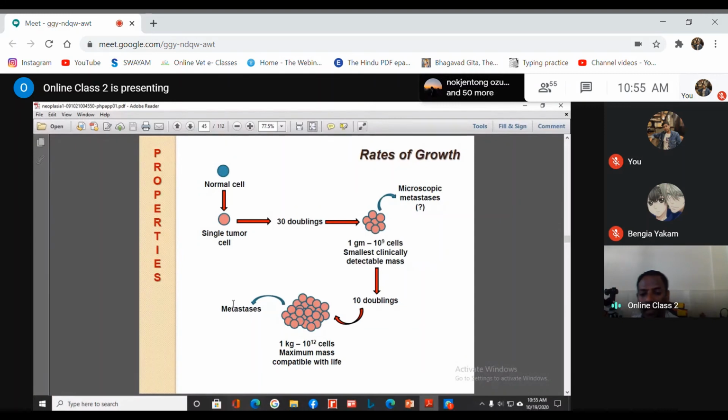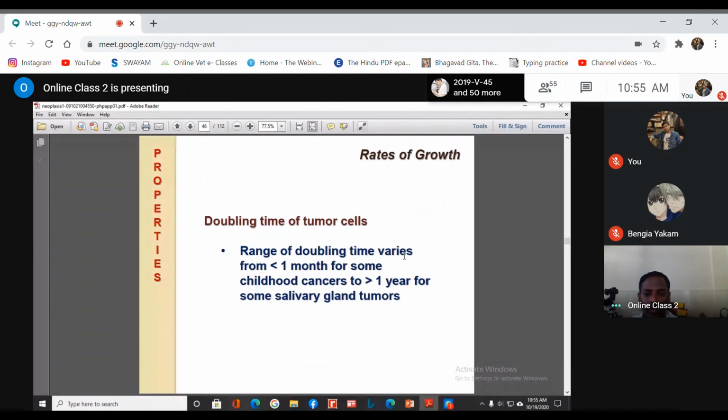The tumor is of the size of 10 to the power of 12 cells, and that is the maximum compatible with life. At that stage, most of the time the individual dies. So that is the rate of growth.